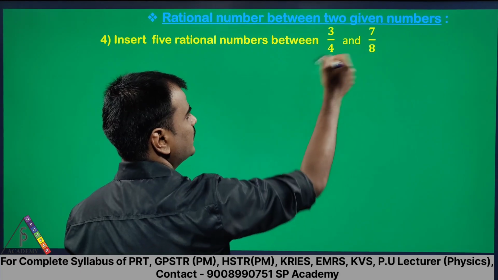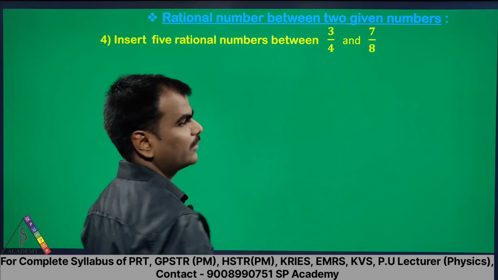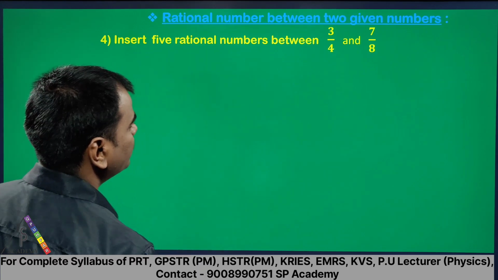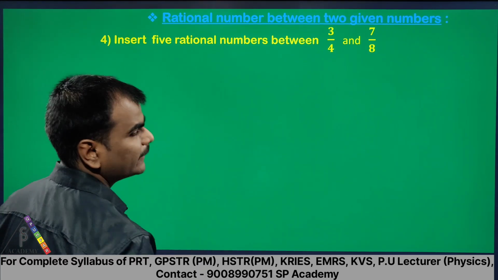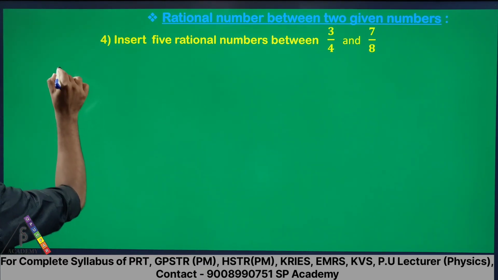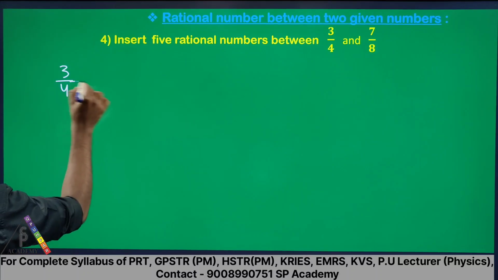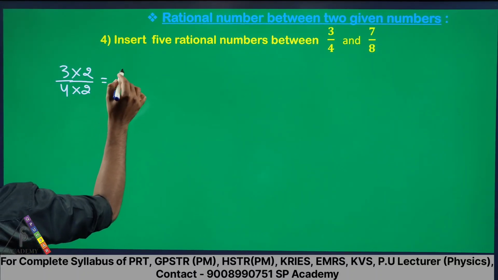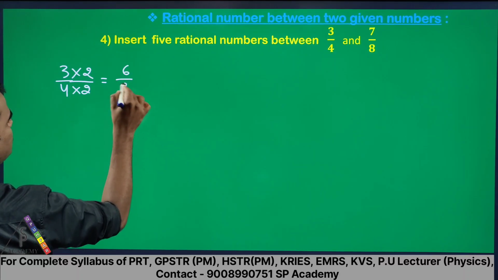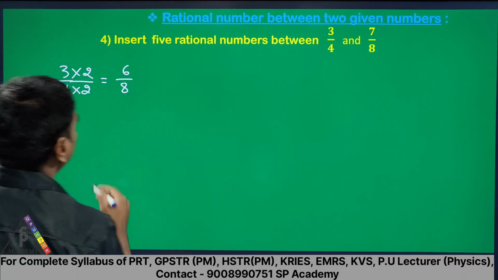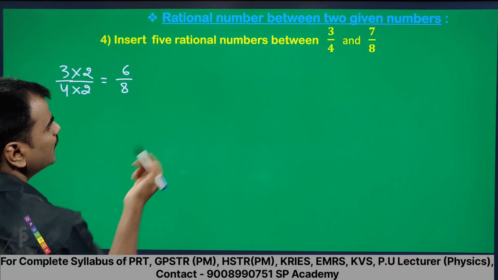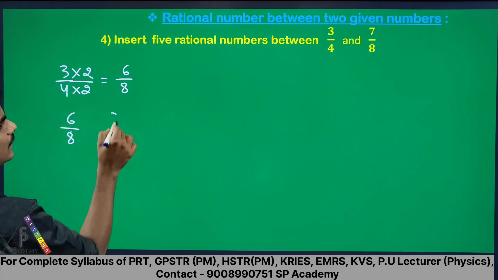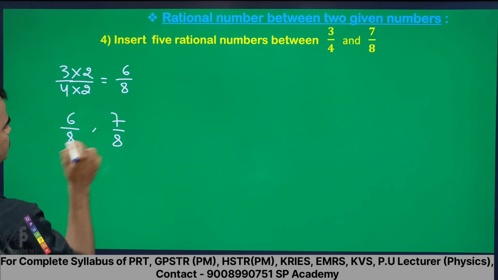This is less than this, therefore we'll make 4 as 8 in the rational number 3 by 4. To make it 8, we have to multiply and divide by 2. Therefore 3 by 4, when you multiply and divide by 2, the denominator will be equal to 8, that is 6 by 8. Now we have the rational numbers 6 by 8 and 7 by 8.